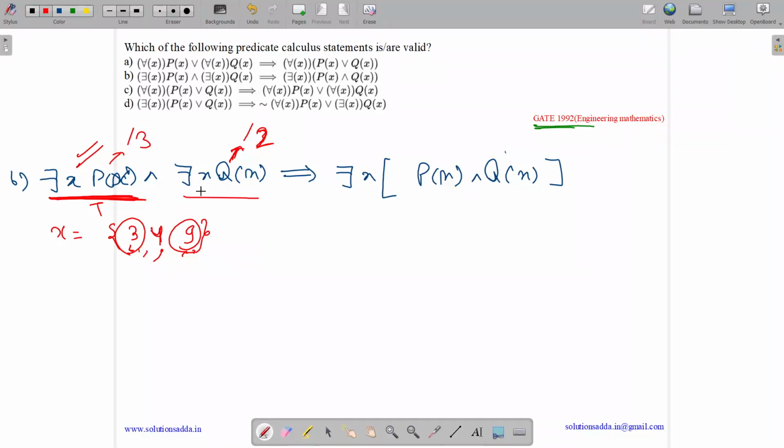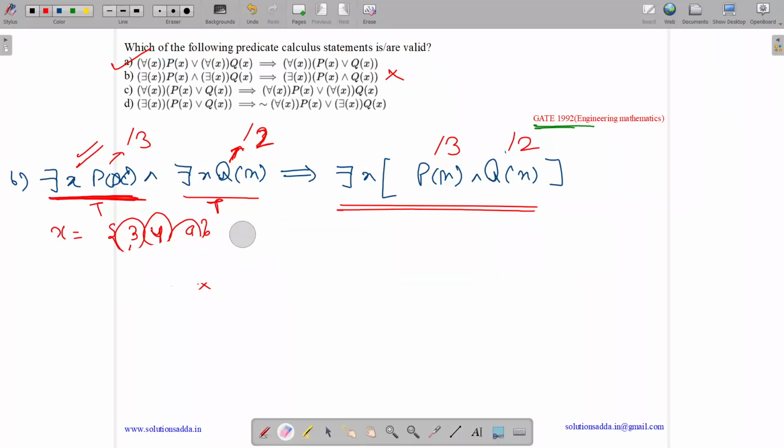Yes, 4 is divisible by 2. So this is true and this is true. Both of them are true. So does this imply that this is also true? This means it should be divisible by 3 and divisible by 2. Is 3 divisible by both 3 and 2? No. Is 4 divisible by both 3 and 2? No. Is 9 divisible by both 3 and 2? No. So this is false. A is true, B is false.